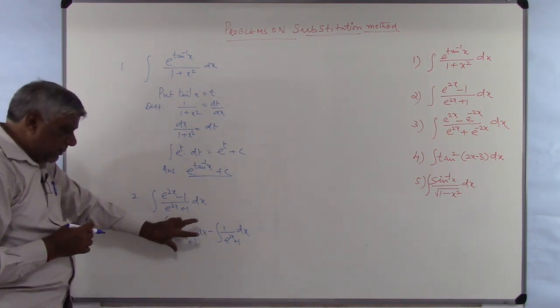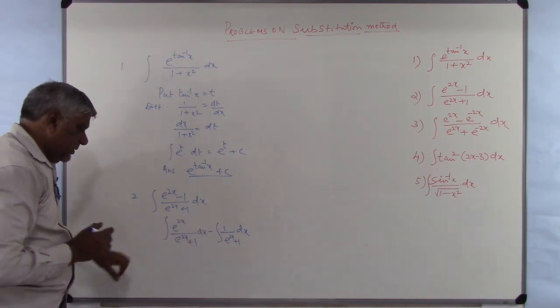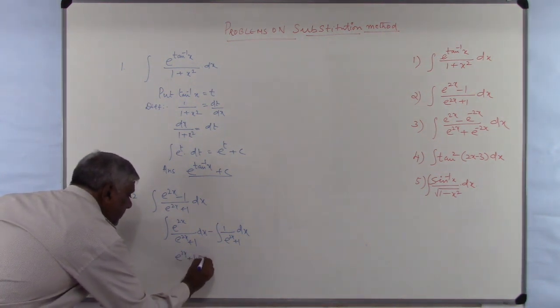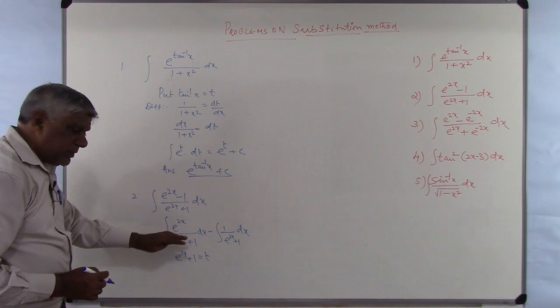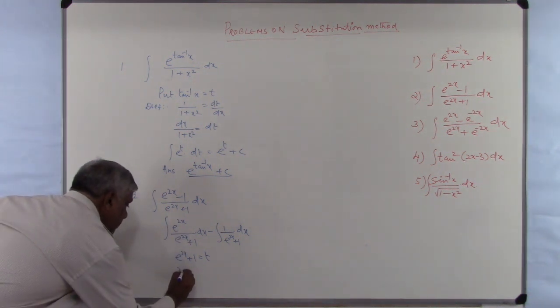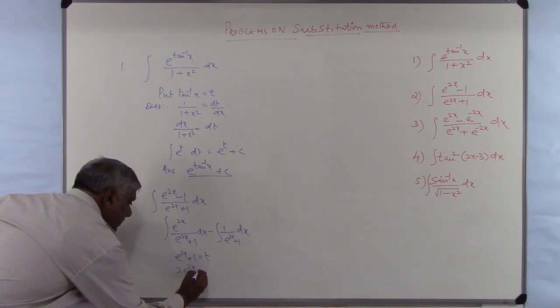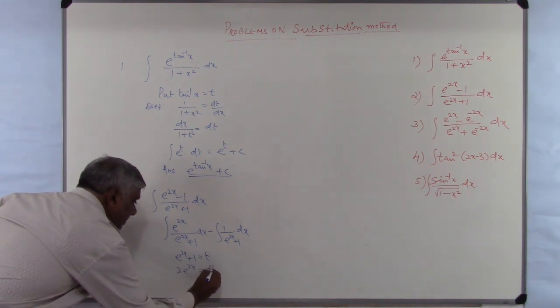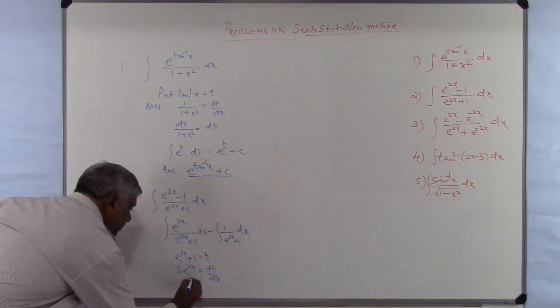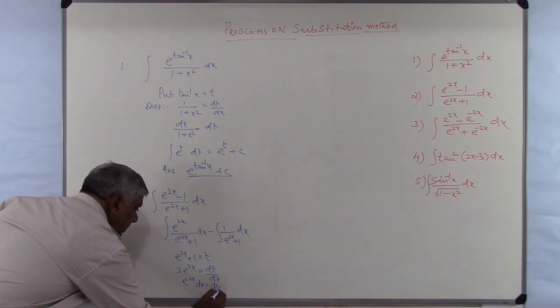Now the first part of the problem I am going to do like this. Put e to the power of 2x plus 1 is equal to t for the first part. This becomes 2e to the power of 2x is equal to dt by dx, or e to the power of 2x into dx is equal to dt by 2.